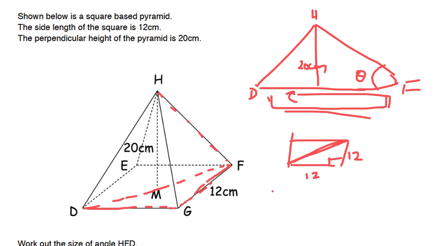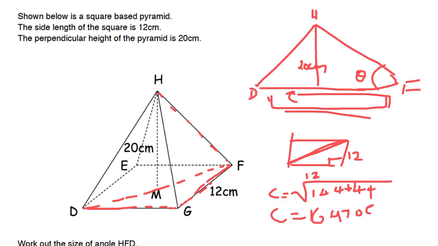You're just doing Pythagorean theorem real quick: 144 plus 144. Let me just do that real quick. We know that c is equal to 16.9705. I'm just going to keep this broad to prevent any rounding errors.